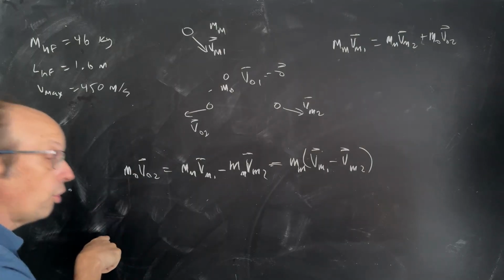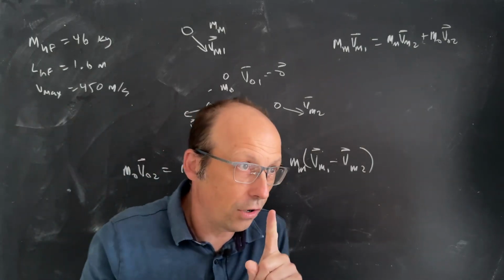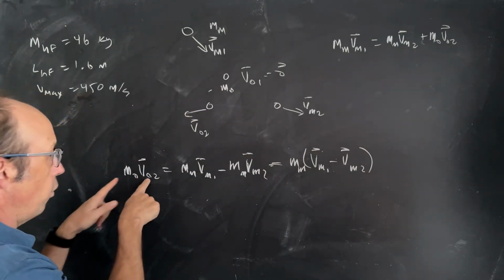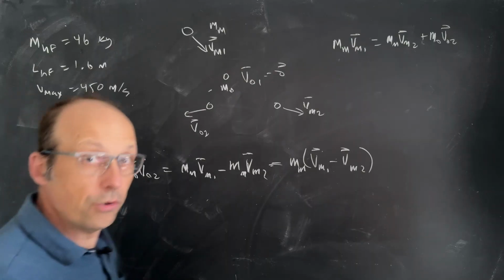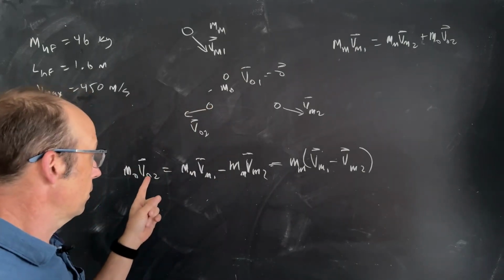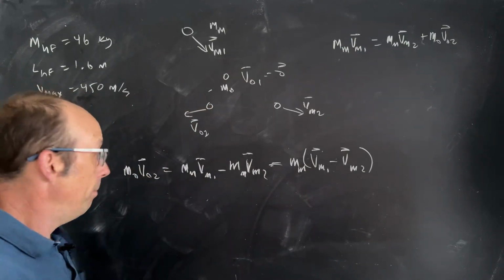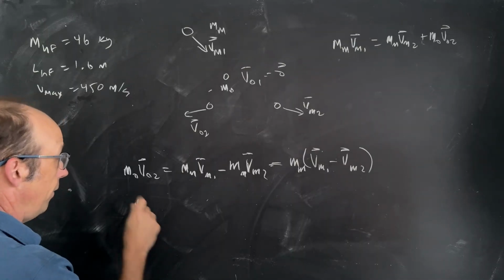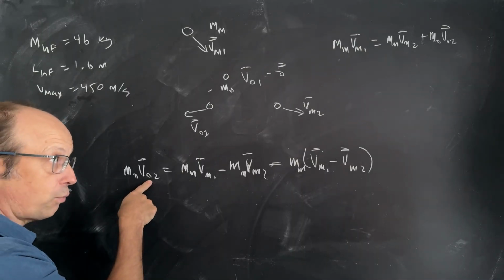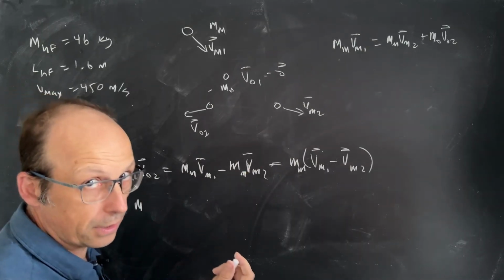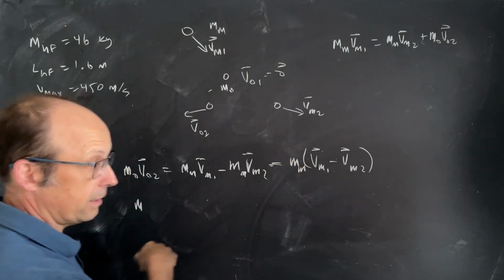Now, could I solve for the mass of the orb by dividing by the velocity? No, you can't, because that's a vector. But I can write this. If this is a velocity in the xy direction, I'm assuming we're looking at this overhead. Those are velocities in the xy direction.